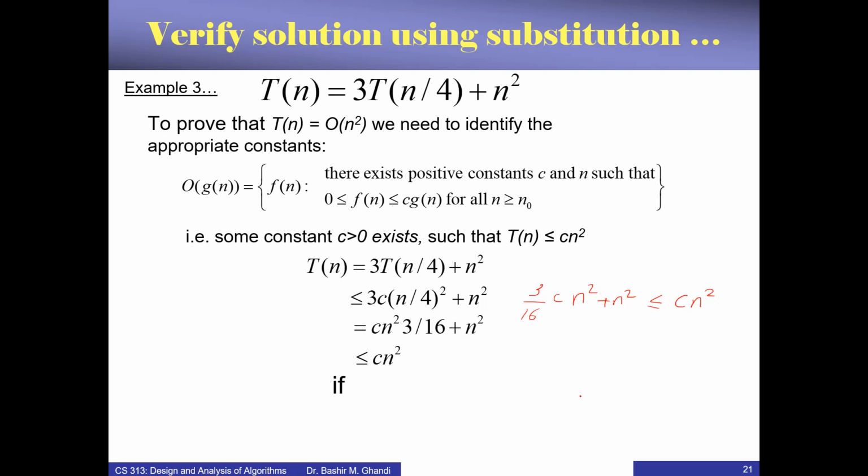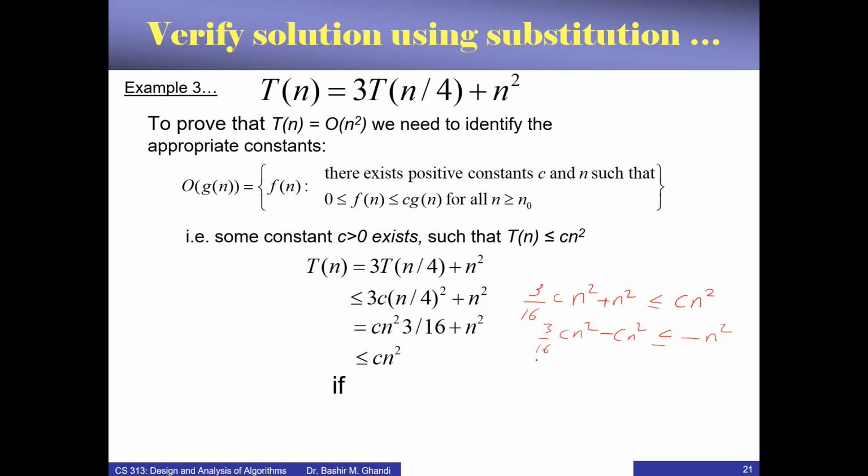So let us try and simplify this. First of all, let us collect the terms with c together. So we're going to bring this cn squared back to the left side and take the n squared to the other side. So we will have 3 over 16 cn squared minus cn squared is less than or equal to minus n squared.